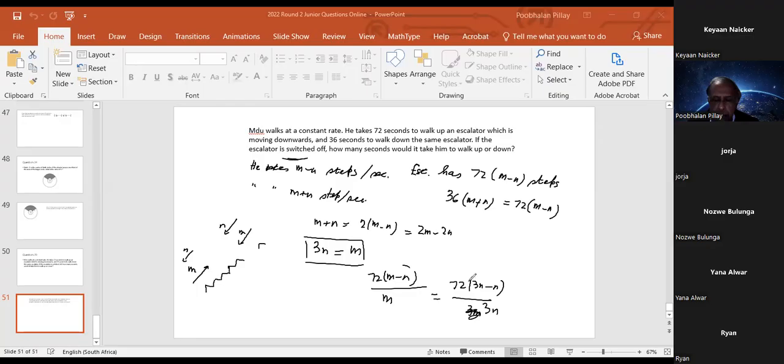And very nicely you have 72 times this, 72 times 2n is 144n. And you got 3n at the bottom. The n's cancel. 3 goes in 144, 48. So the answer is 48 seconds.